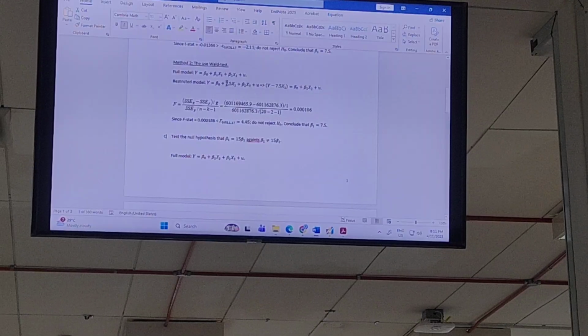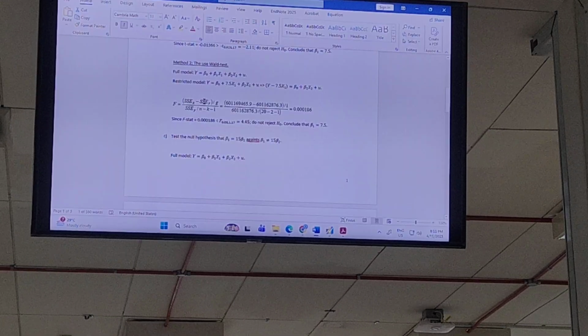Because here we already put in numbers, we don't need to estimate it. So you can bring this to this side, so it becomes a new dependent variable: y minus 7.5 x1, and then you only have x2 as your regressor. So you estimate this model, you get the SSE, and then you can calculate and compare with the theory from the F table.